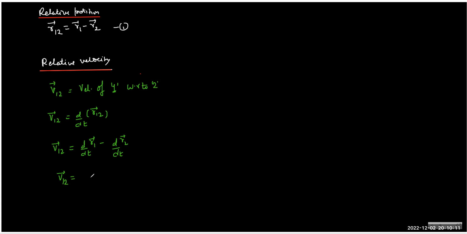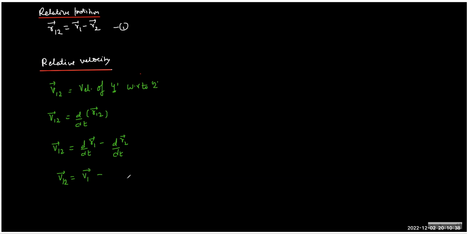The actual velocity of the particle in the ground frame, yes or no? If you are differentiating the single subscript notation, you are referring to the ground. True, guys? So d by dt of R1 will represent the absolute velocity of particle 1 in the ground frame.